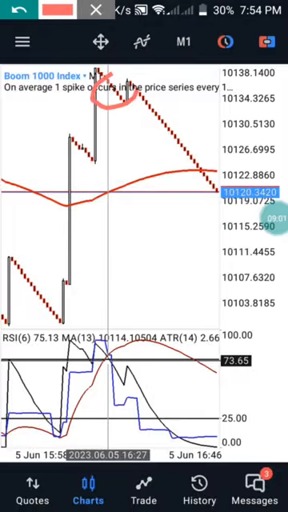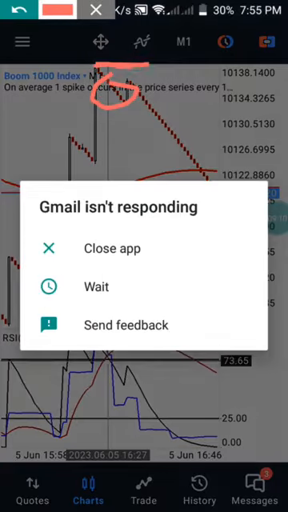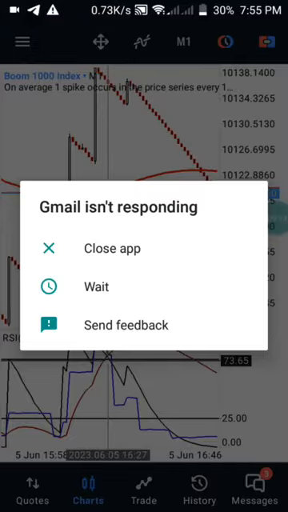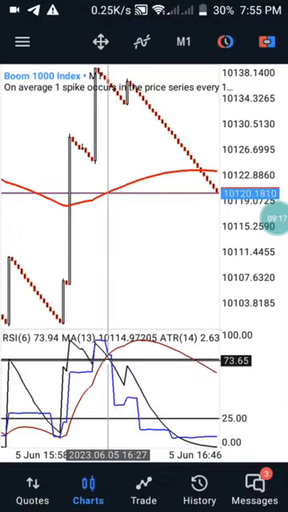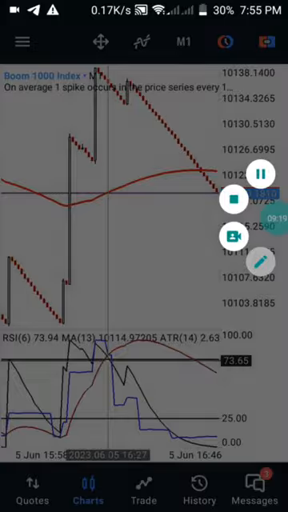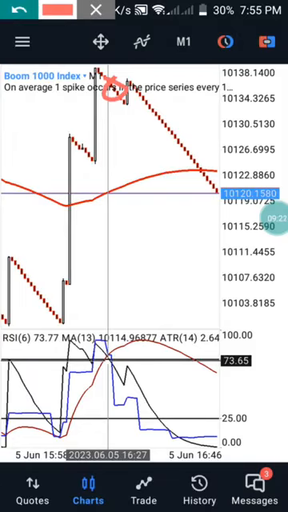You see, you're going to find your entry at this particular area, and you are going to be setting up your stop loss at the last spike area, that you see here. So what you are going to be doing now is find your entry at this area, and you are going to be taking your take profit at this particular area.